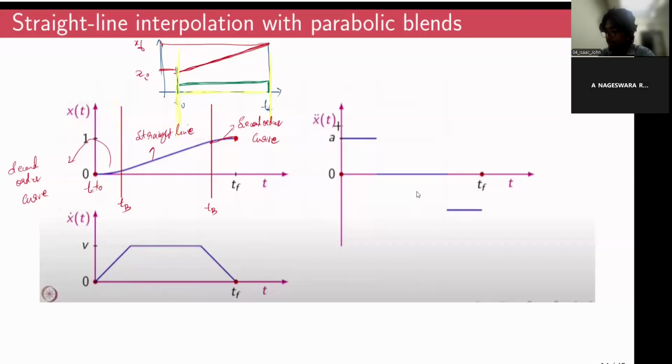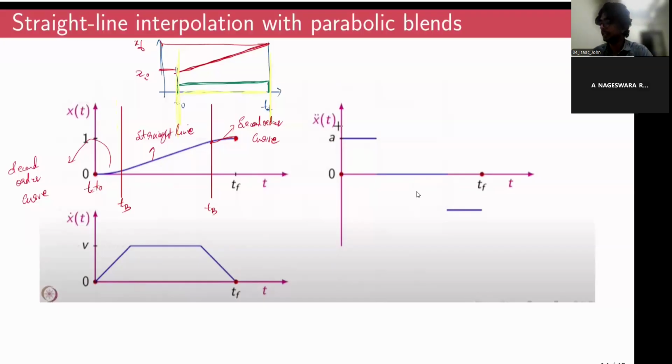But due to the fact that we are having these blends, instead of an instantaneous velocity, we have a gradual increase in velocity. And instead of an infinite acceleration at the beginning, we have a finite value of acceleration at the beginning, and deceleration at the very end. Everywhere else, it's zero throughout.